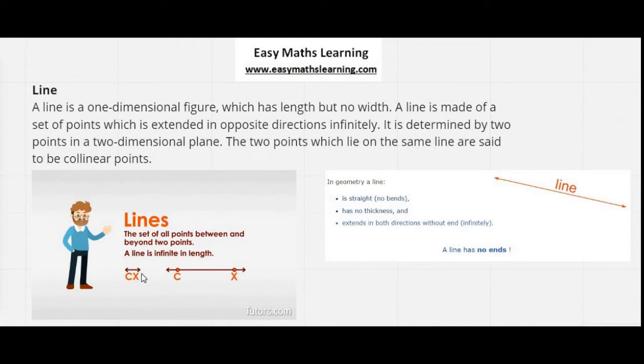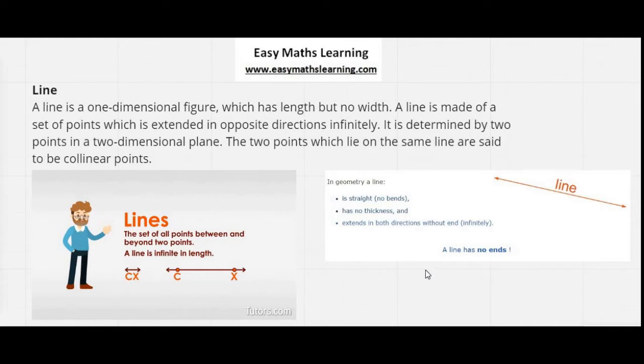Symbolically it can be represented by the names of these 2 points, CX, with an arrow at its top. Some of the properties of a line are: a straight line has no bends, it has no thickness, and it extends in both directions without any end, that means infinitely.